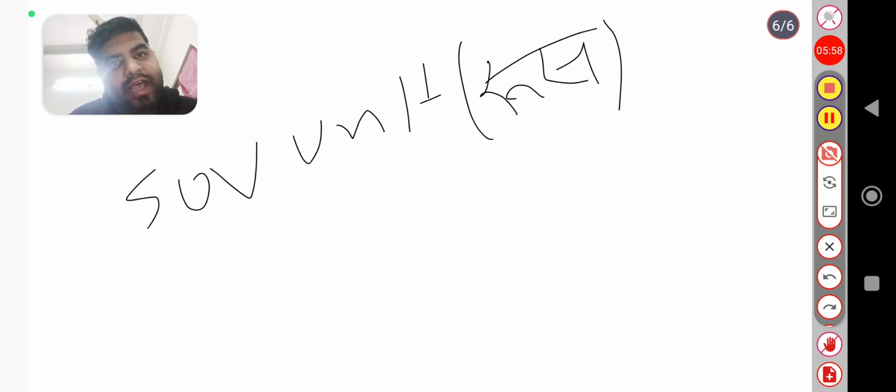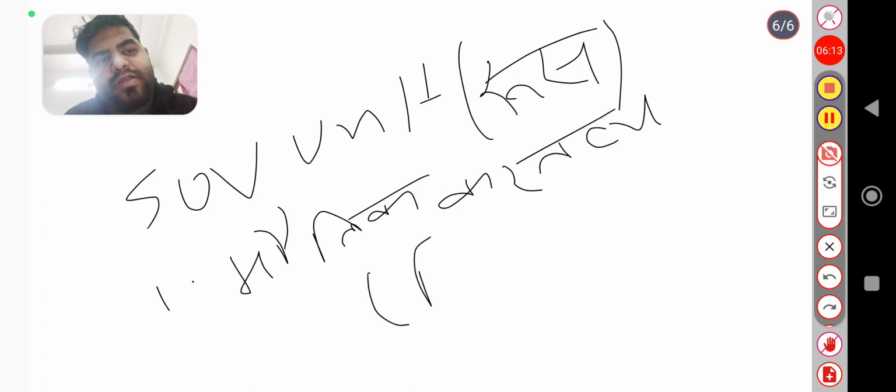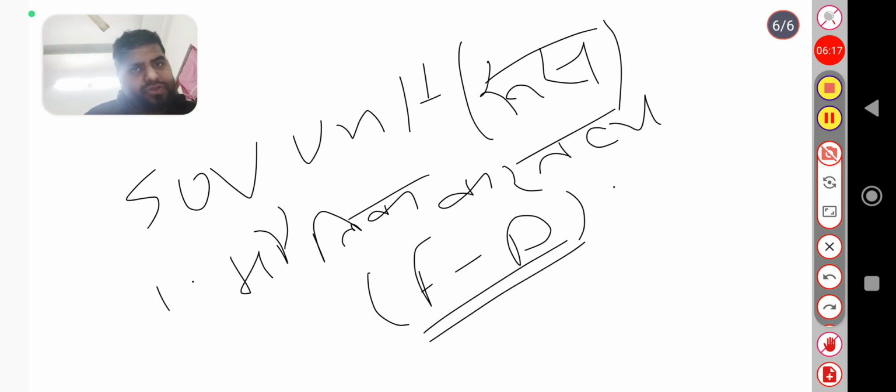Then the first point is मौलिक कर्तव्य, that is fundamental duties.